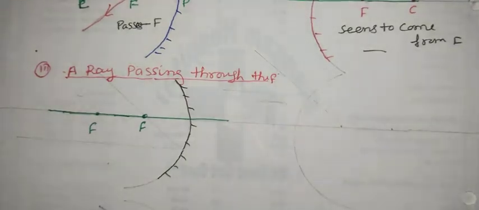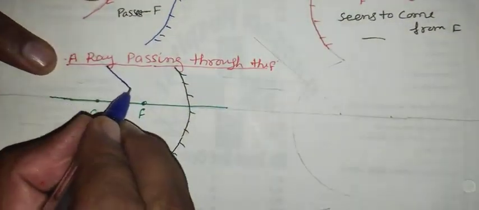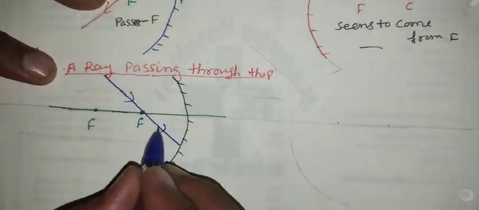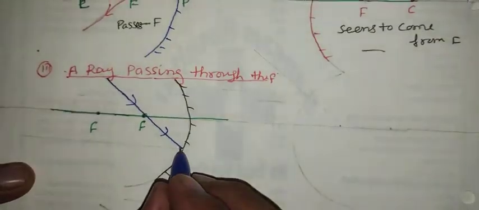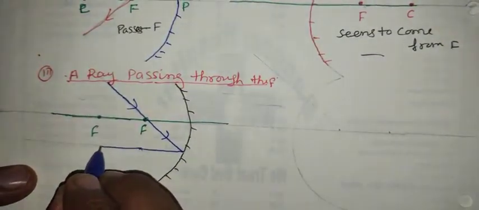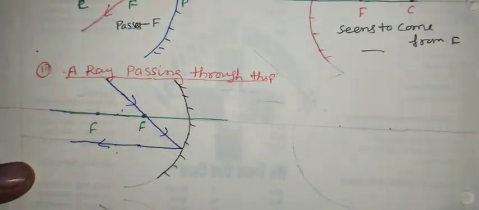If a ray of light passes through the focus and is incident on the concave mirror, after reflection, see the rule, it becomes parallel to the principal axis.